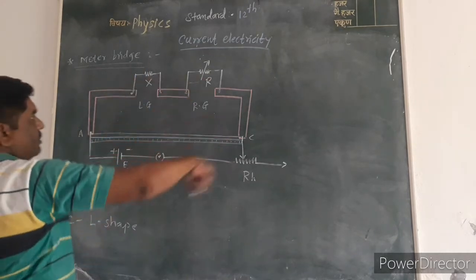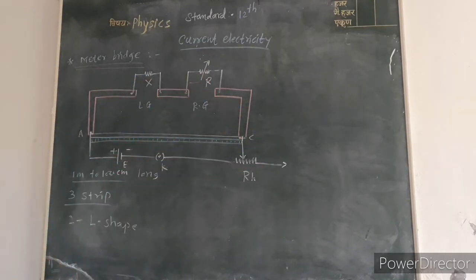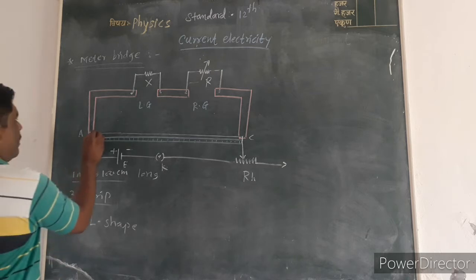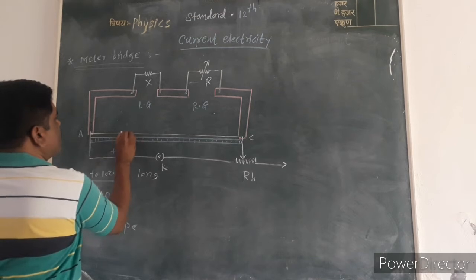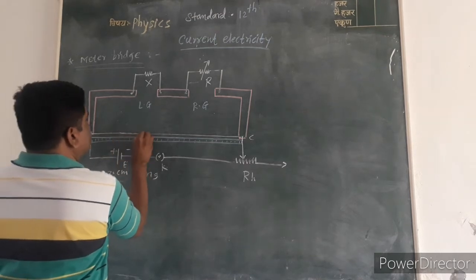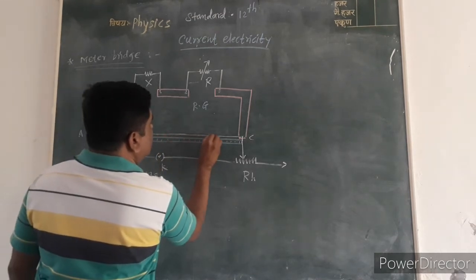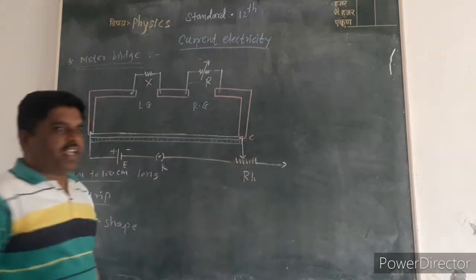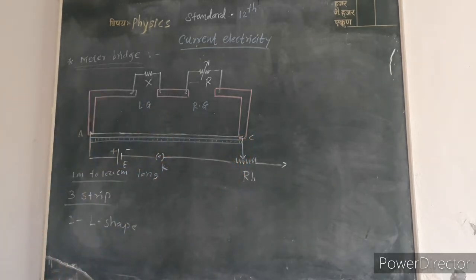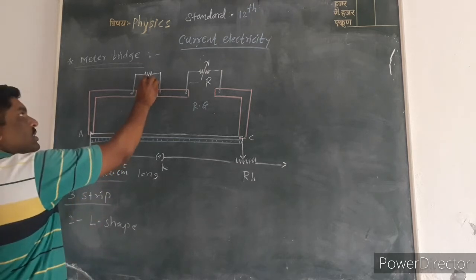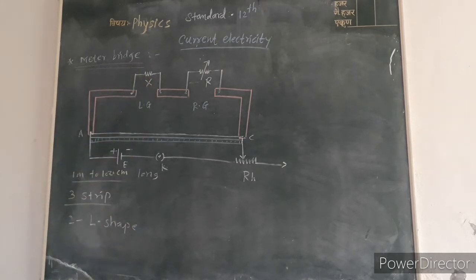And this whole circuit is called meter bridge because the length of the wire is 1 meter, hence it is called meter bridge. This is the application of Wheatstone network to determine the value of this unknown resistance.